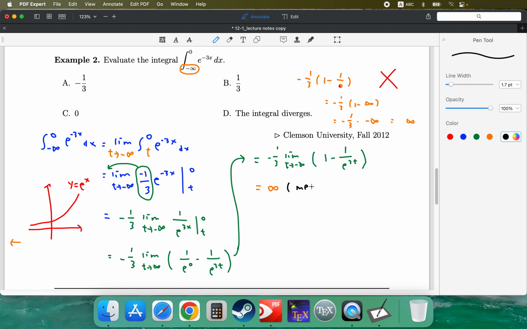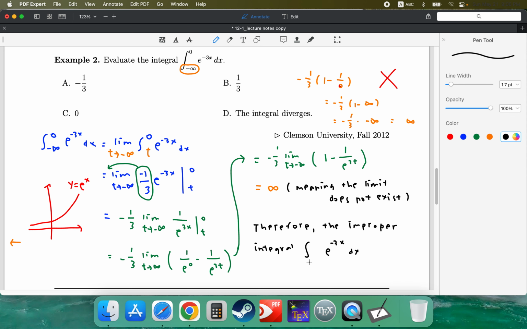Meaning the limit does not exist. Therefore, the improper integral of e to the negative 3x dx from negative infinity to 0.